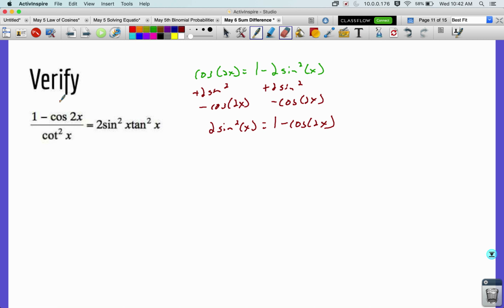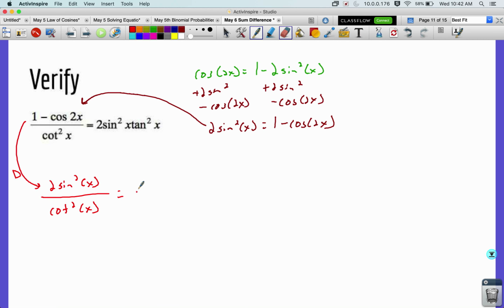And now that does match there, so I can replace here, using a double angle identity, with a 2 sine squared of x over cotangent squared of x equals 2 sine squared x.